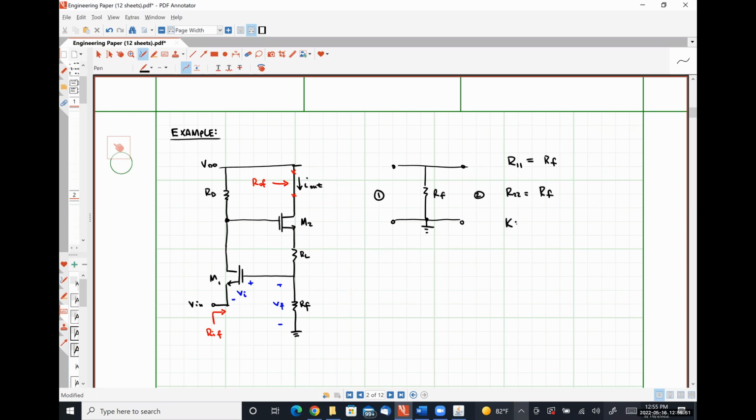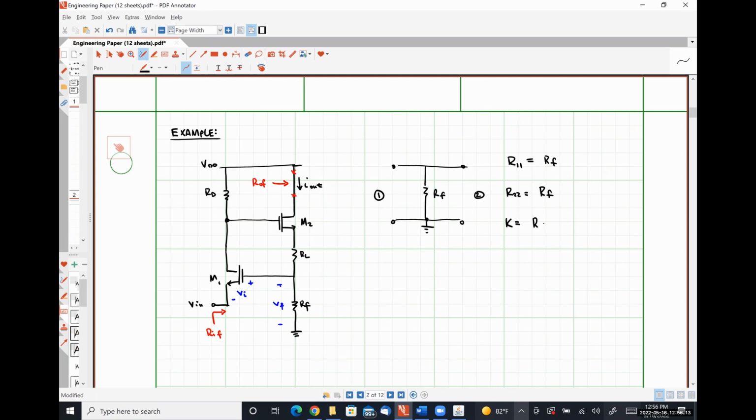For K, if we apply a current source on the right-hand side and measure the voltage drop on the left-hand side, we're going to see that VF is equal to I out times RF. Well, VF over I out is RF.